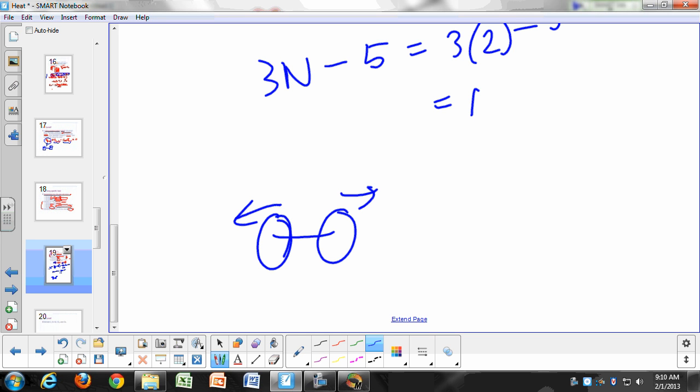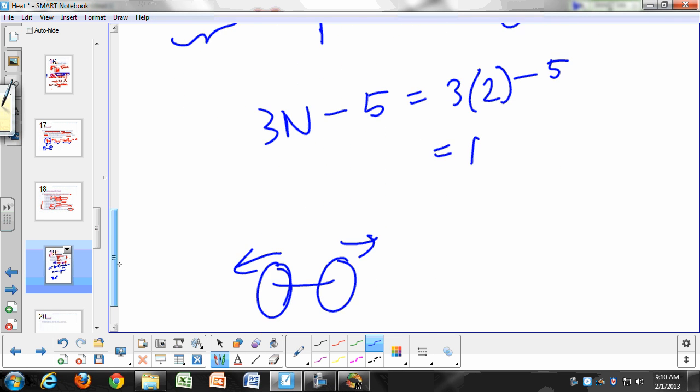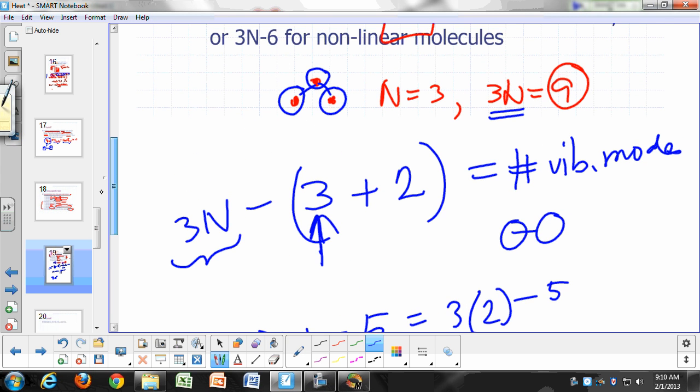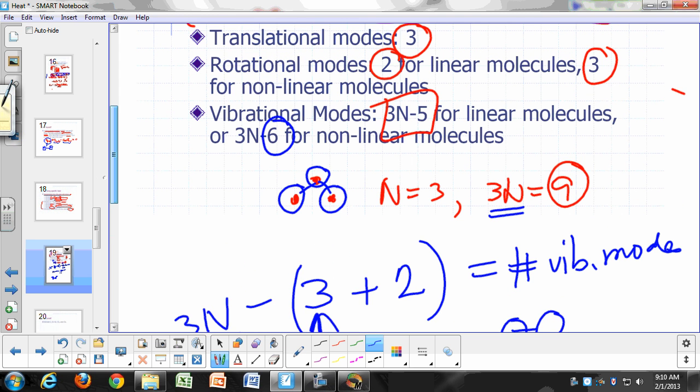So a diatomic molecule would have 1 vibrational mode. Now, if you have a nonlinear molecule, then you subtract 6, because we have 3 translational modes plus 3 rotational modes. From the total number of coordinates you need to describe the motion, you subtract 6, and that would take care of the number of vibrational modes.